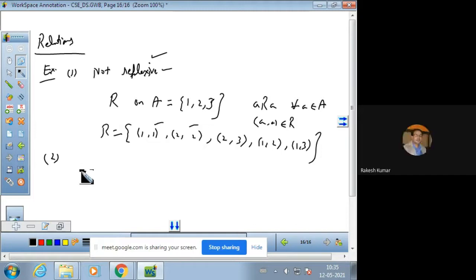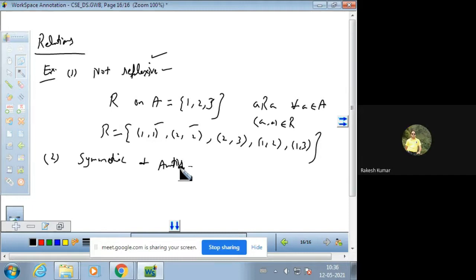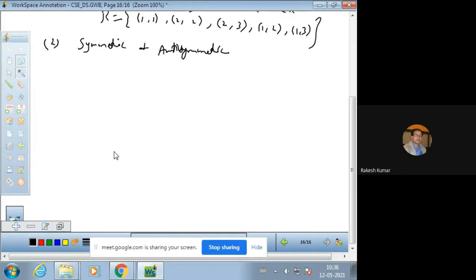Now suppose we have to take the example of a relation which is both symmetric and antisymmetric. So we know the property of symmetric.